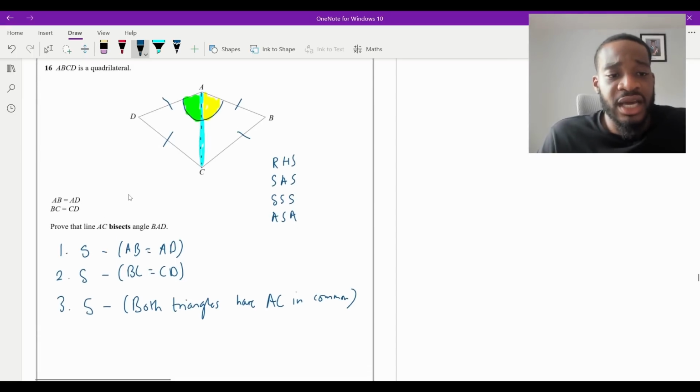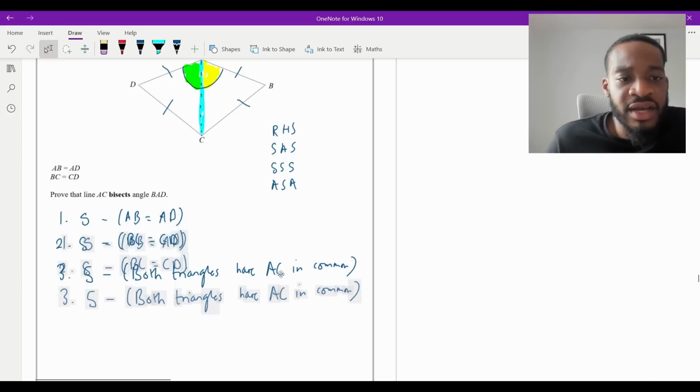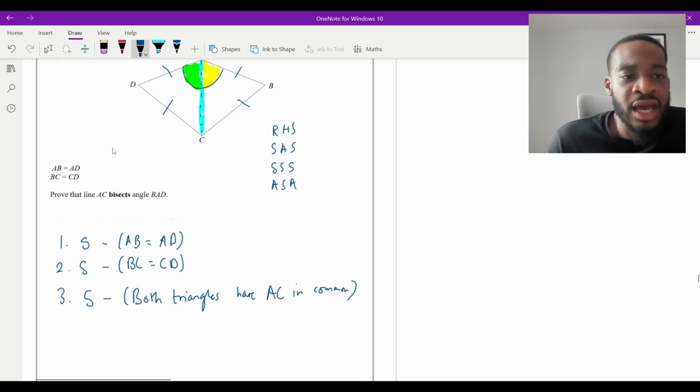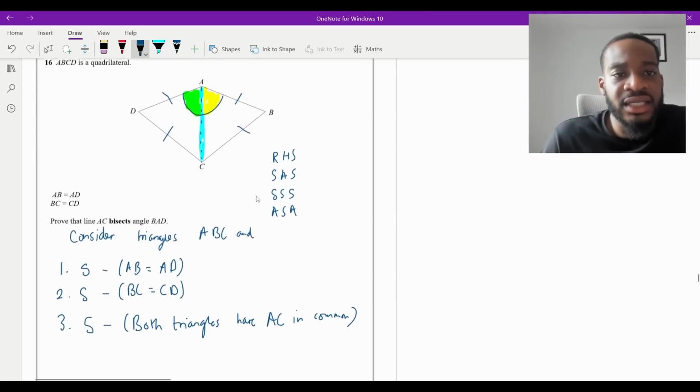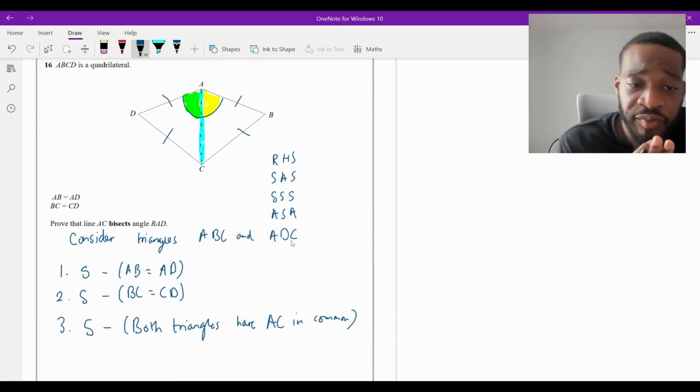So therefore, what I'm going to say and actually what you should do, just to be super clear on top of this, just be clear to the examiner. Just say, consider triangles ABC and ADC, just so the examiner knows which two triangles you're dealing with.